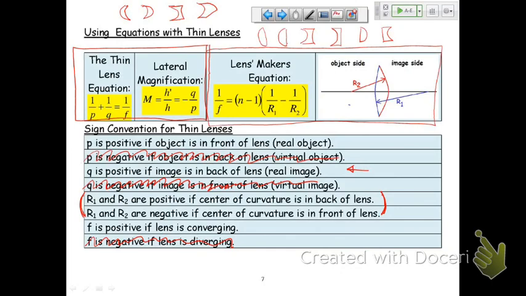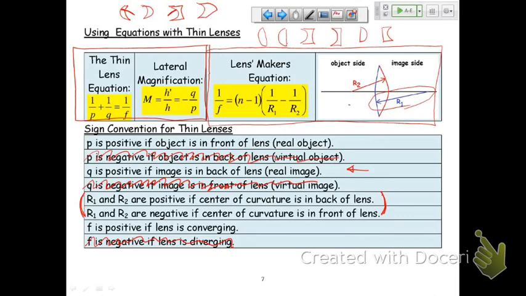For a crescent lens, how would you do the R1 and R2? So I'm going to tell you that now. If you're working from left to right, then the first surface you come to is designated as R1. For this type of lens, the center of curvature of R1 is behind, but for this type of lens, it is in front. We have to distinguish those.